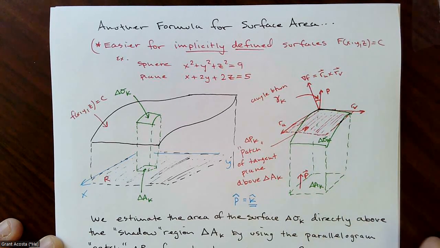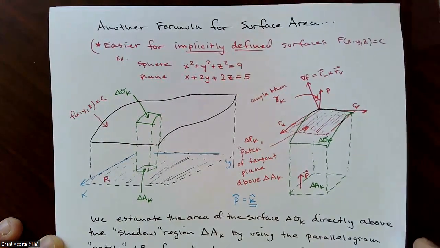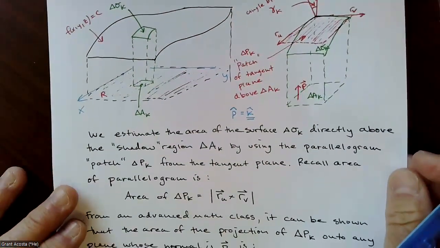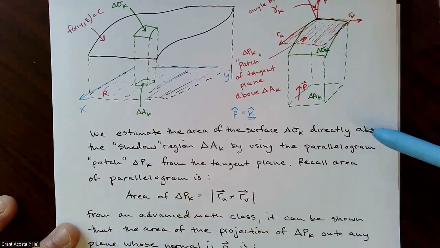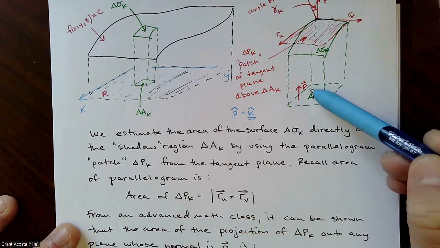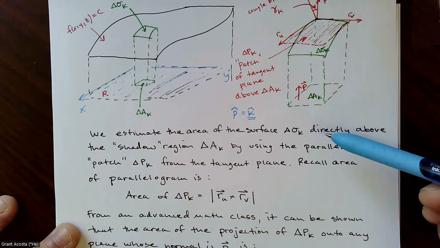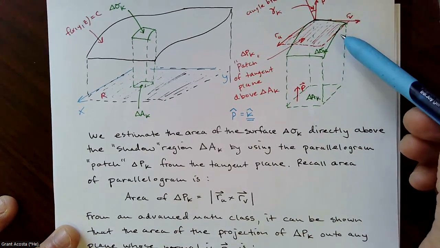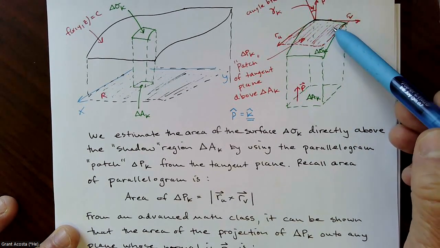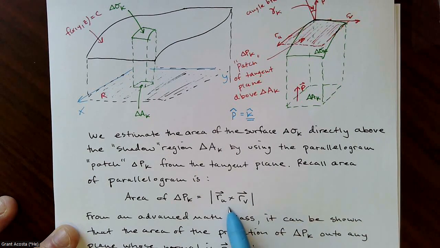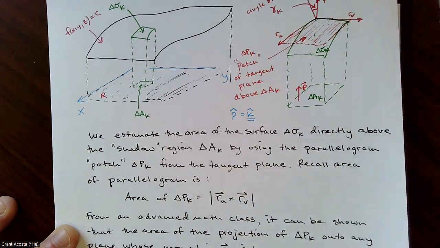And so we're going to estimate the area of the surface, sigma sub k, directly above the shadow region, delta A sub k, by using the parallelogram patch. That's this r sub u crossed r sub v from the tangent plane. And remember, that's the area of the parallelogram.